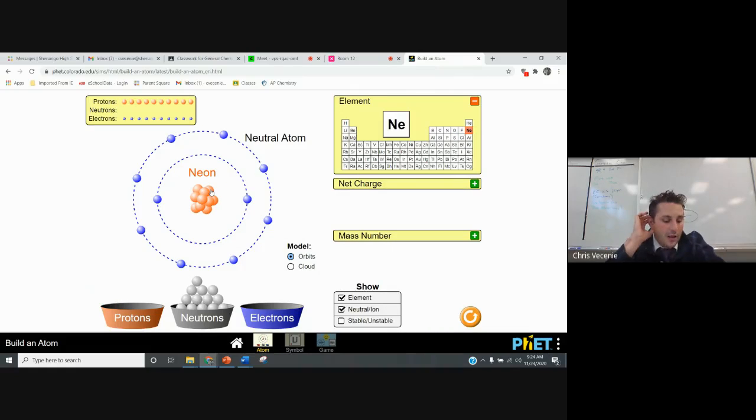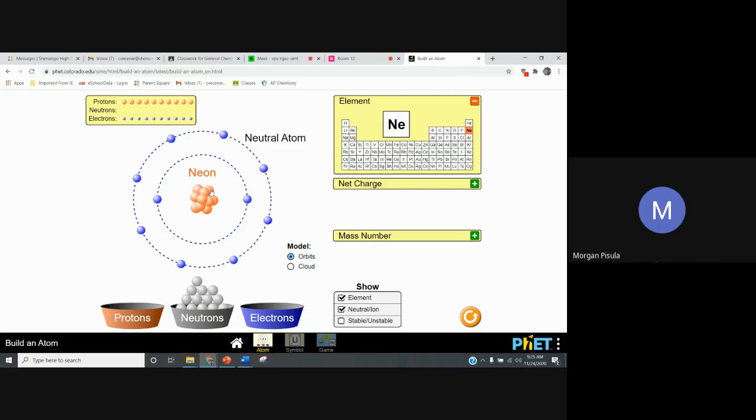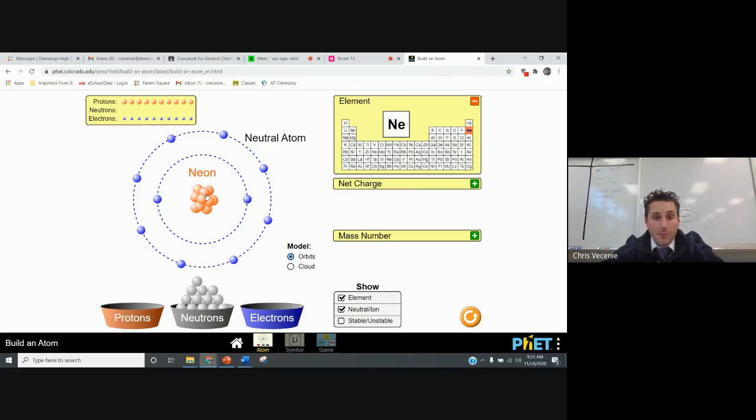All right, so if we look at that, Morgan, whose nucleus is bigger? Between the lithium, where I had just 3 red protons, and the neon, where I now have 10. The neon.